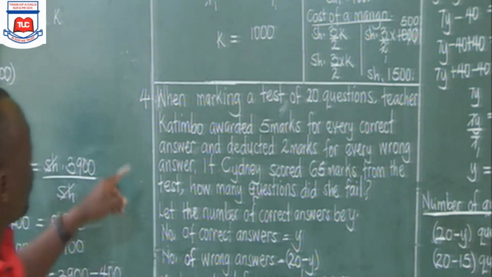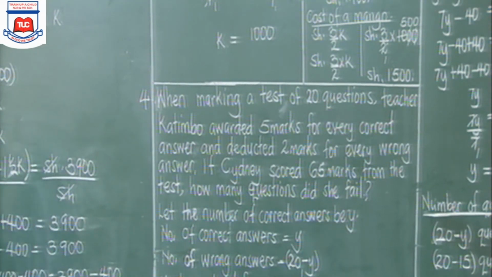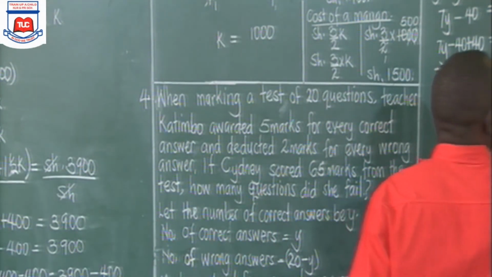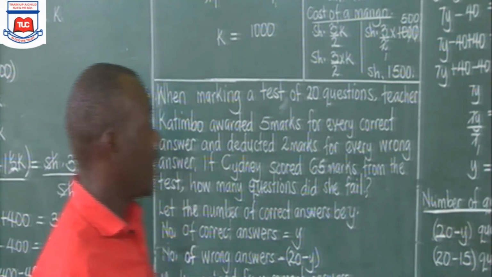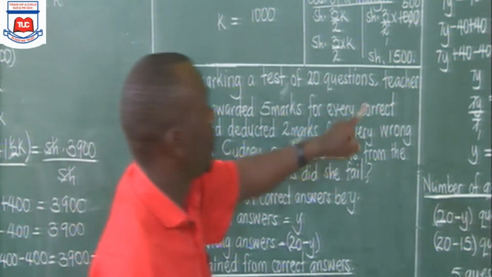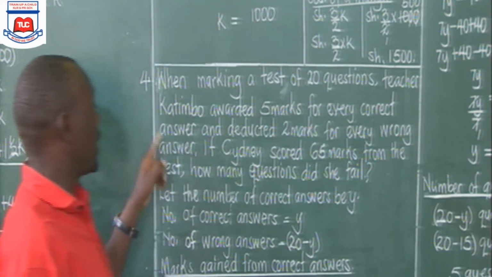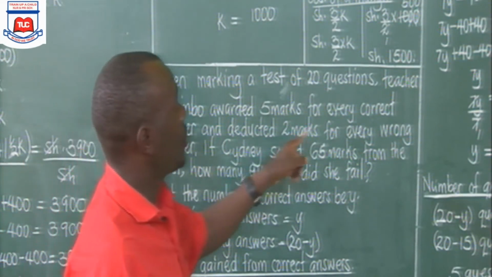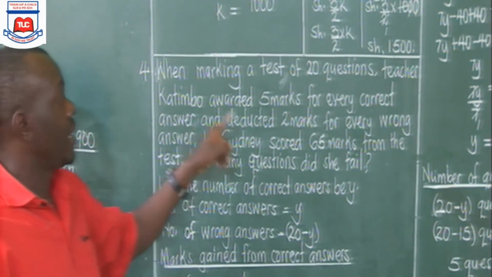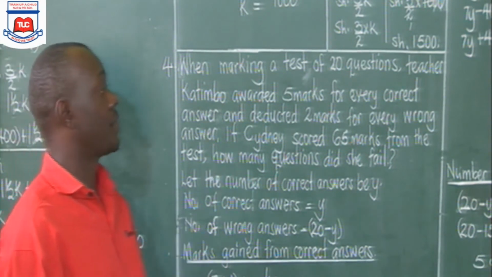We shall then go to example number 4, which concludes our examples today, and that number reads: when marking a test of 20 questions, teacher Katimbo awarded 5 marks for every correct answer and deducted 2 marks for every wrong answer.